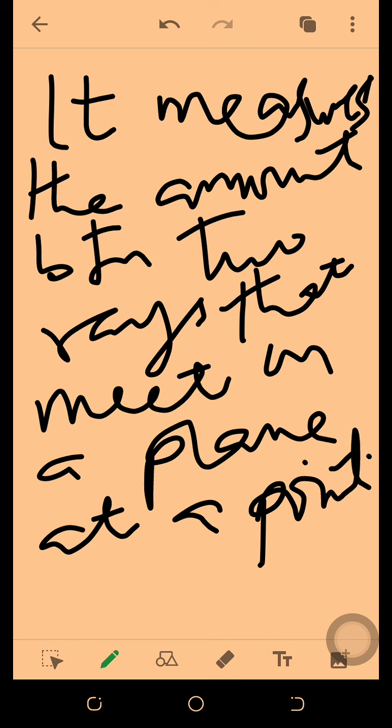Now, a plane is just a flat surface. When we talk about rays, we are talking about straight lines.